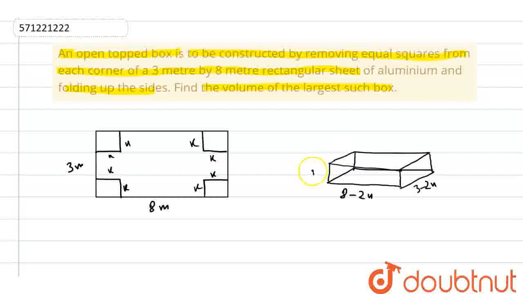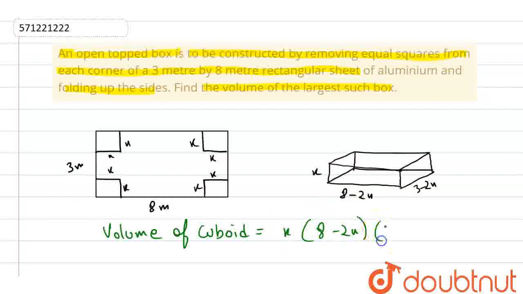So this is x, and so the volume of this cuboid is x into 8 minus 2x into 3 minus 2x. So multiplying this, we get 8x minus 2x square, and this 3 minus 2x.